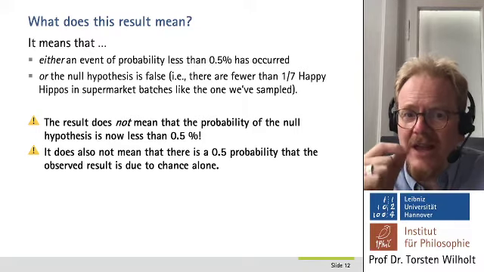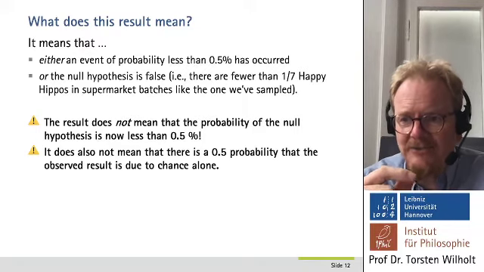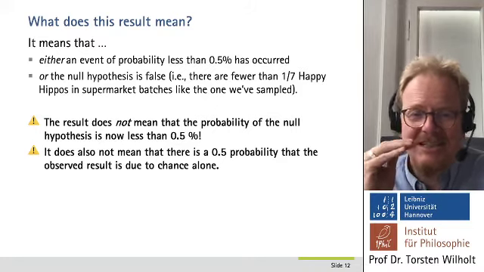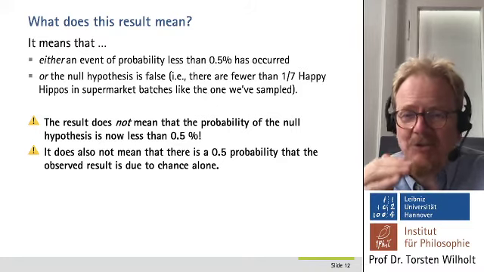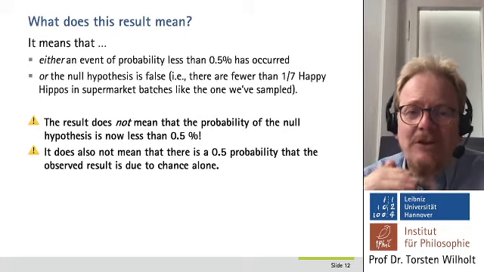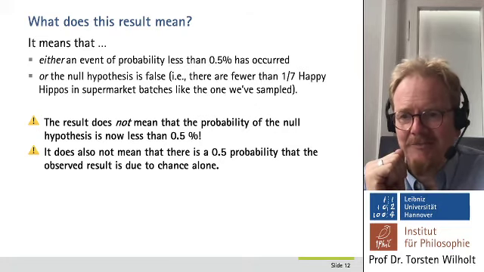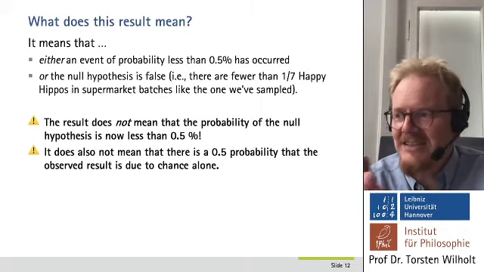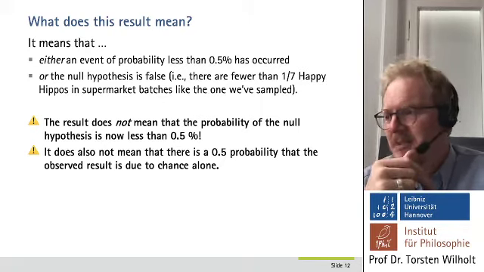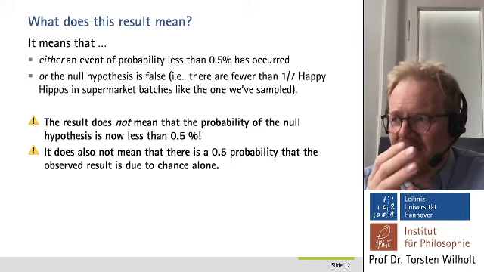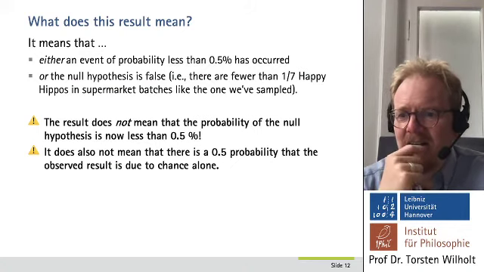If we wanted to do that, we have to switch to the Bayesian framework. But even in the Bayesian framework, 0.5% is definitely not the probability of the null hypothesis. I mean, it may by chance be, but it's definitely not how this result can be interpreted.